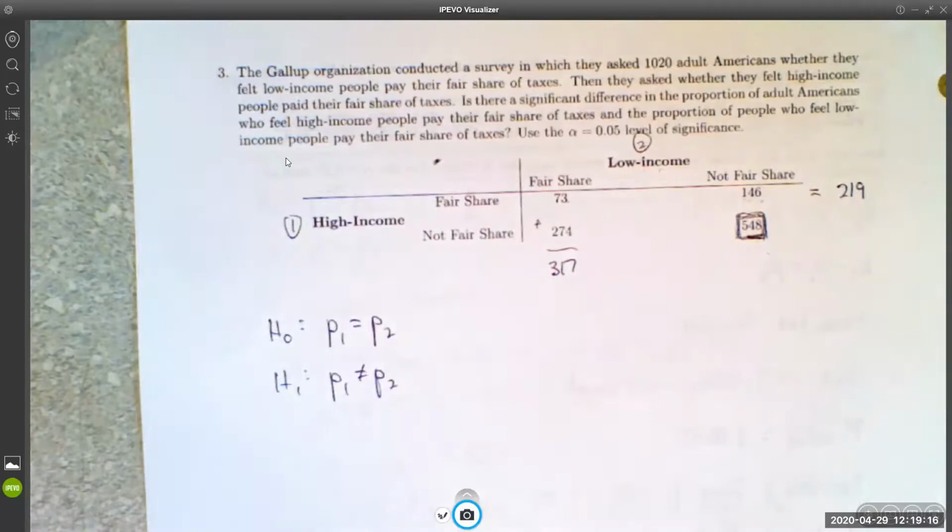Okay, next thing we need to do is determine if these samples are independent or dependent. In this case, it's kind of a weird question to ask about this particular problem, because it's the same people in both samples.